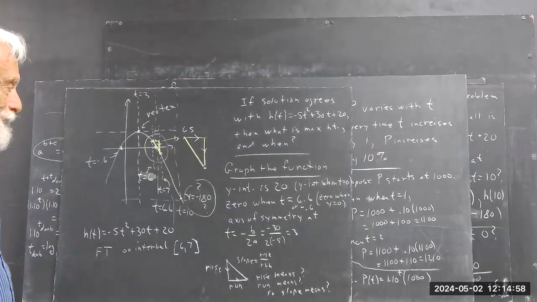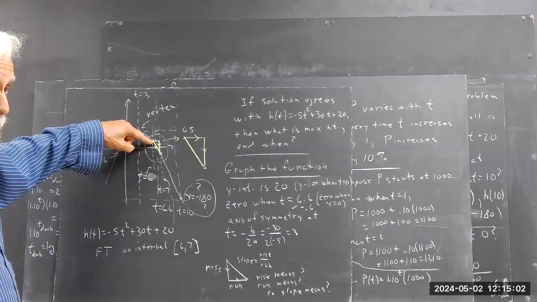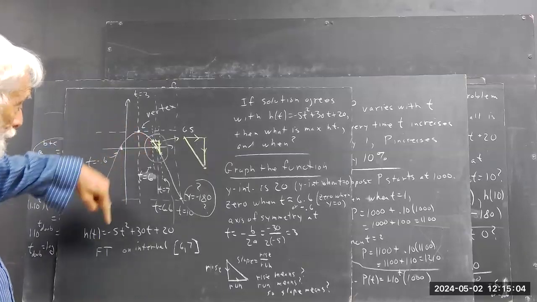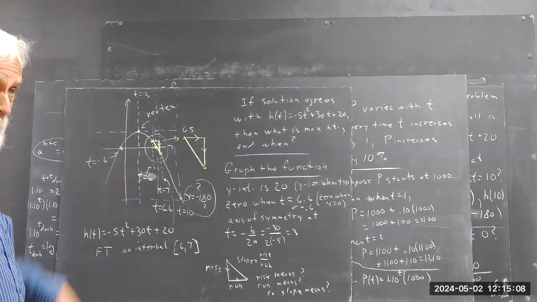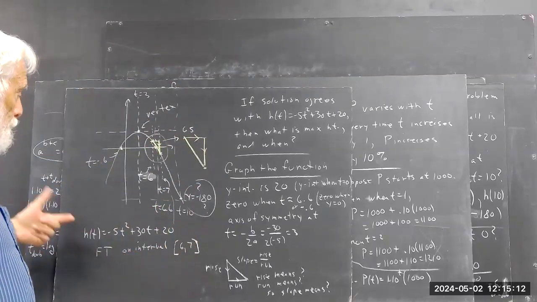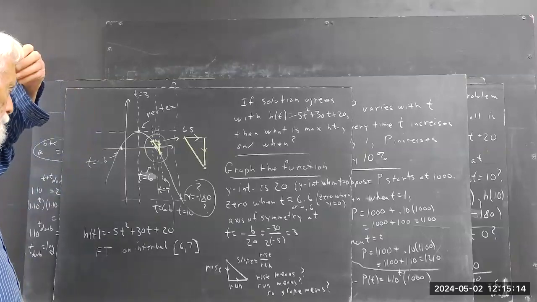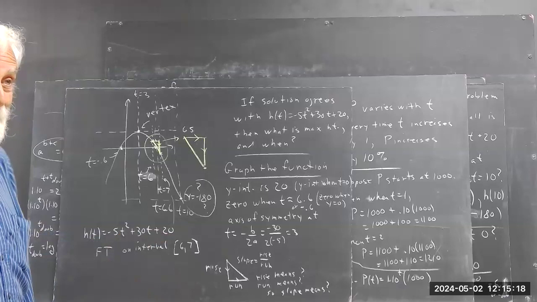Seriously, if t equals 6, how do we determine the coordinates of this point? Well, we've got this function down here, h of t equals -5t squared plus 30t plus 20. And what I asked you a while ago, how are you going to find the height at t equals 3? You say, well, you just plug it in for t.